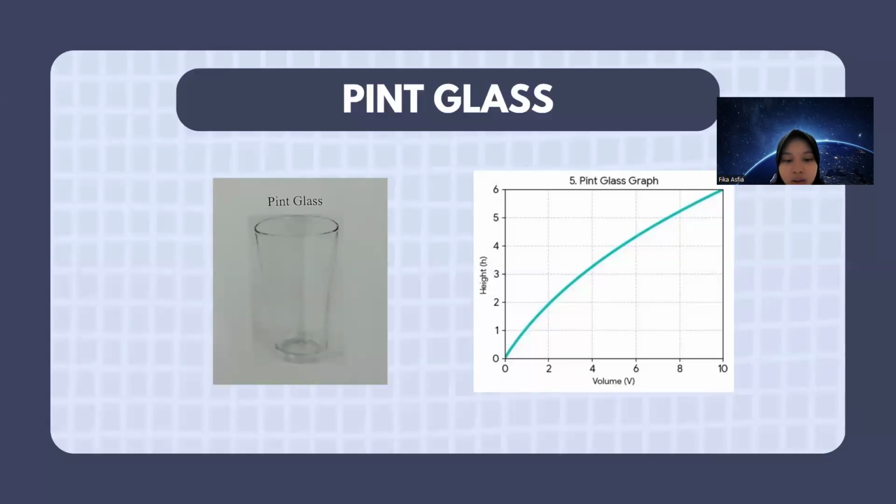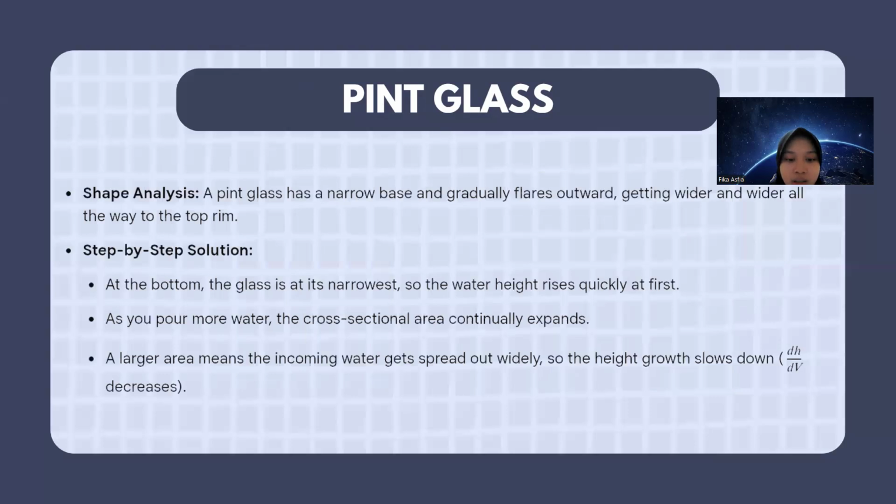As the liquid level rises, the surface area constantly expands. Since the liquid has more room to spread out, the height rises more and more slowly. This creates a graph that curves downward, or concave down, becoming flatter over time.